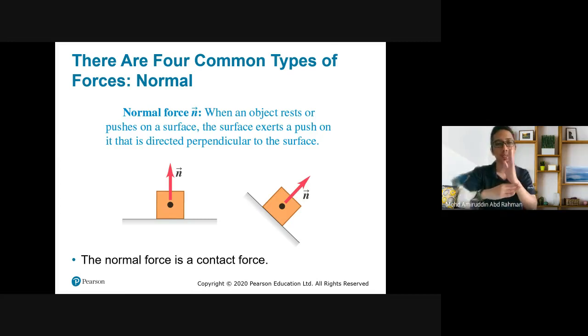Then you look at the right picture. Let's say the surface is making an angle, let's say 45 degrees.